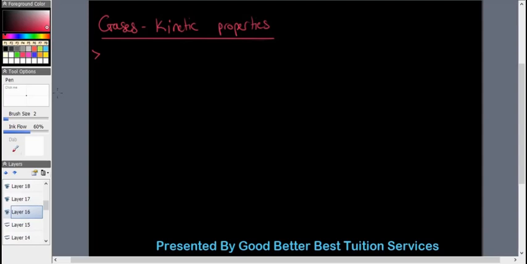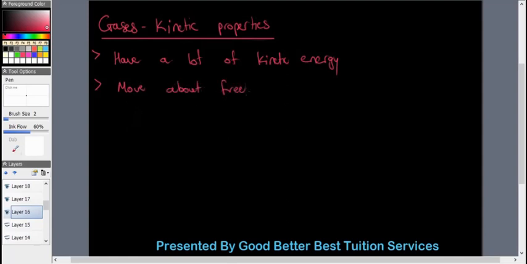But looking at the kinetic properties of a gas, first of all, they have a lot of kinetic energy. In fact, they have the most kinetic energy. And the particles of gas move about freely, which is the same wording as for liquids.